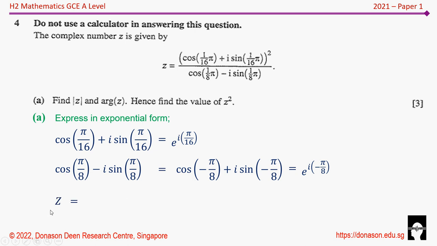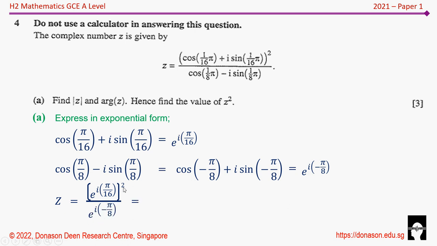Now let's work out what is z. z is this value, and of course there's a square, we shouldn't forget that. The numerator in exponential form was e to the power of i times pi over 16, and since it has a square, I have put in the square there, and then we're going to divide that by the denominator, which is e to the power of i times minus pi over 8.